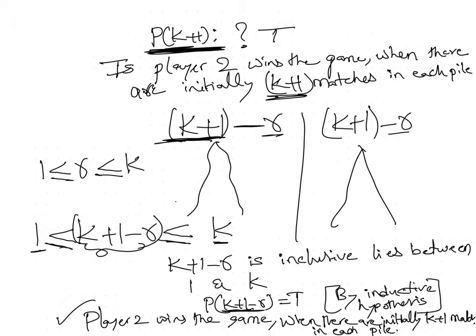So finally we can write P of k plus 1 is equal to true, right? When P of k plus 1 is equal to true, the inductive step gets verified. Once the inductive step gets verified, P of n becomes true.